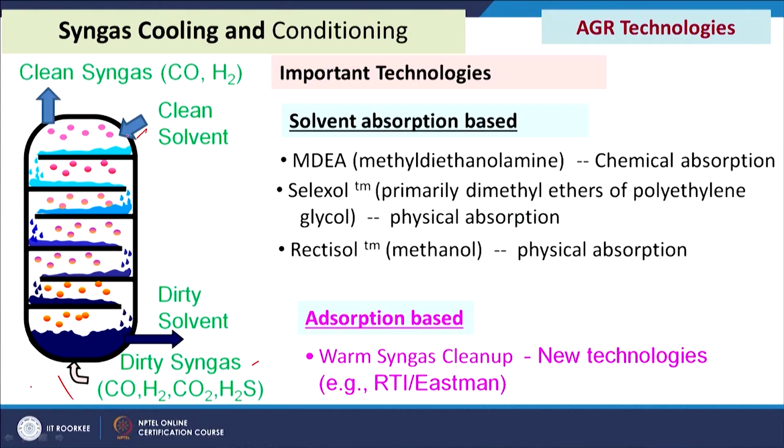Then the clean syngas will go up with CO and H2, and there will be no H2S and no CO2, or very little CO2 and H2S. Different types of solvent are used. This solvent captures the acid gases either by physical or chemical absorption.